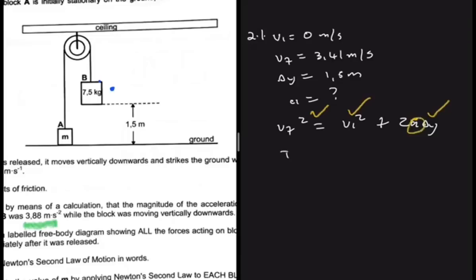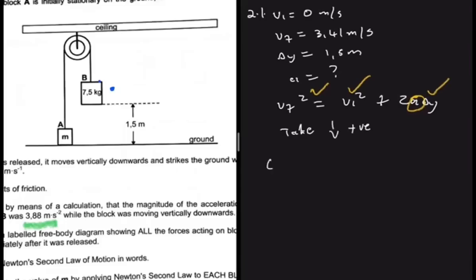So let's take direction towards the ground as positive. If we do that, then our VF is 3.41 squared, which is equal to our VI, which is 0, we square that, plus 2a, and then if we take direction towards the ground as positive, then our delta Y will be positive 1.5. We're gonna have 11.6281 being equal to 0 squared is just 0, right?